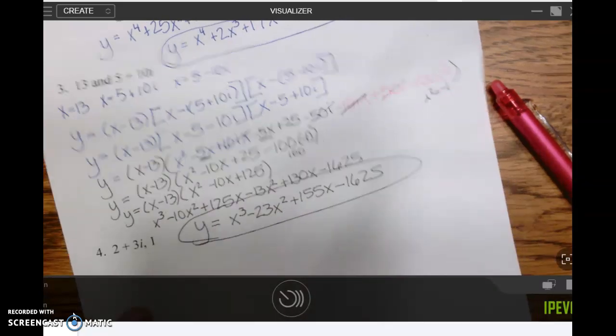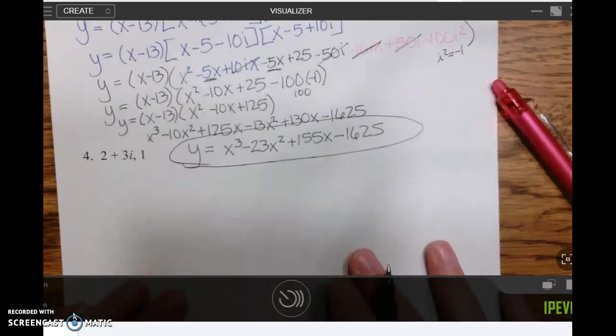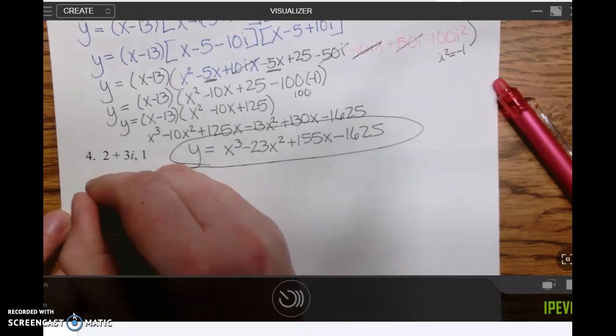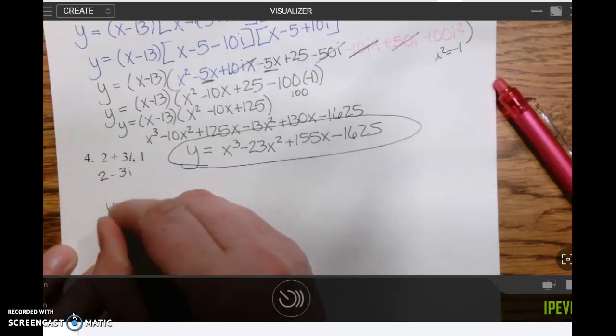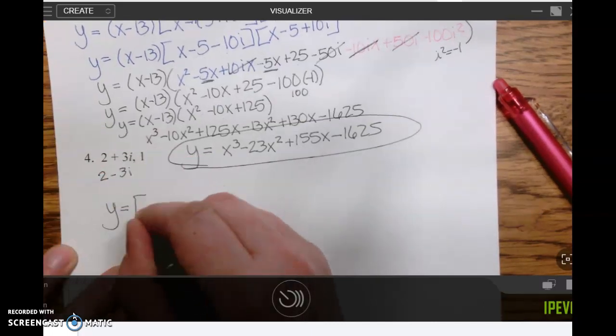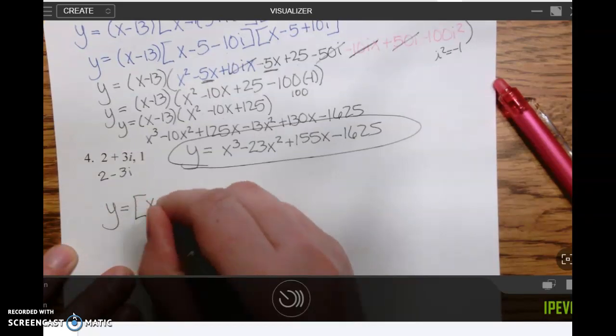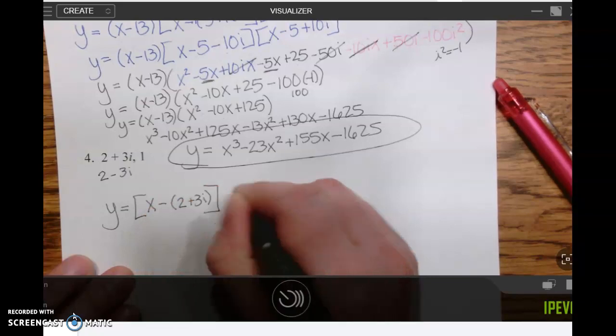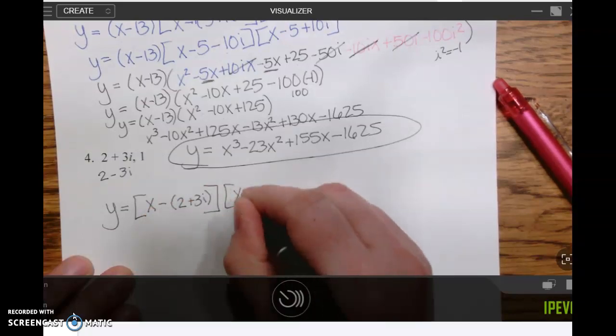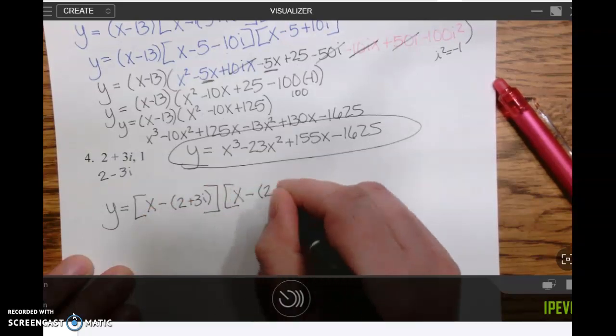That's a lot of work. Alright, one more like that and then we are done. So we have 2 plus 3i, so that means we're also going to have 2 minus 3i. So in factored form we have y equals the big bracket x minus in parentheses 2 plus 3i. Close your big bracket again, x minus in parentheses 2 minus 3i.